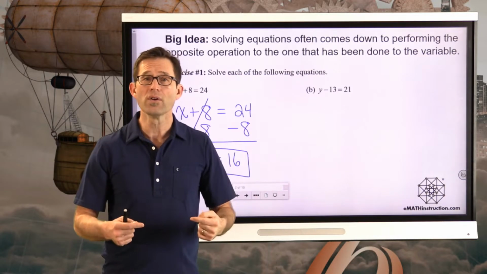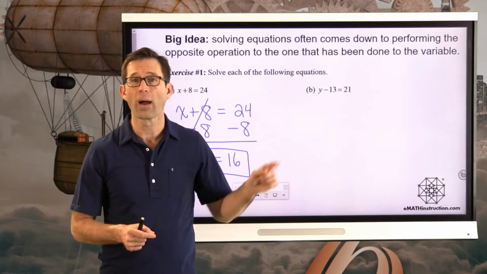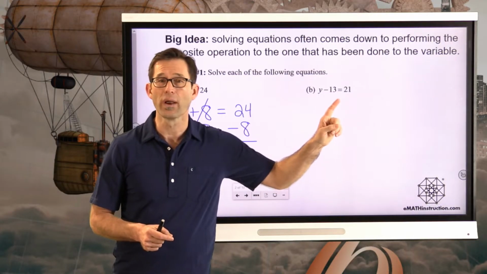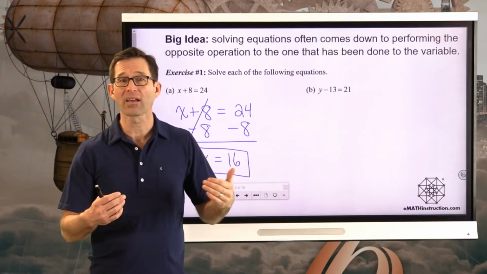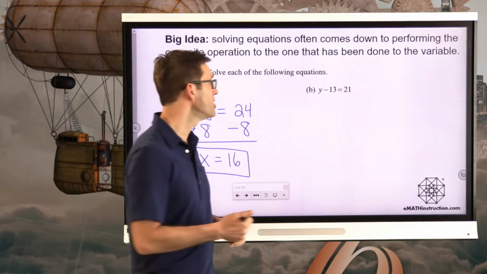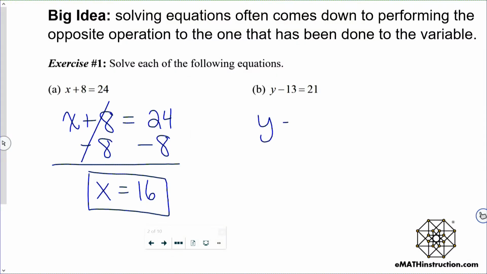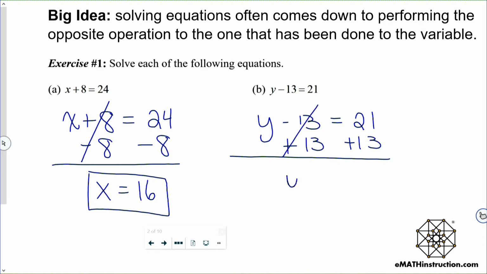If I really wanted to know how much money I started with, I would then add 13 to the 21, to get back to where I started. And the same idea is true here. If I have y minus 13 is equal to 21, I'm going to add 13 to both sides. That subtraction by 13 and addition by 13 just cancel each other out, and 21 plus 13 is 34.